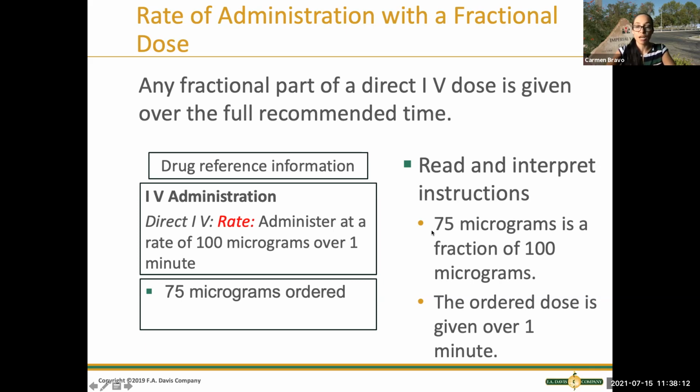So if it was 175, I would do it over 2 minutes, because that's my next fraction, or my next 100ths. If you have an order that says to give 175 micrograms, you would give it in 2 minutes, because that's going towards the next fraction of 100 micrograms.